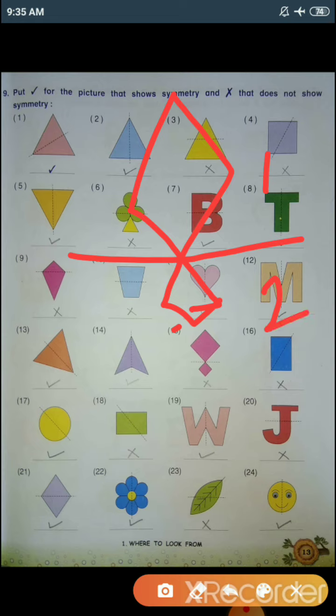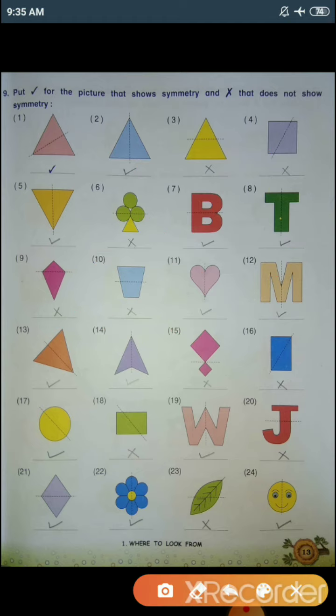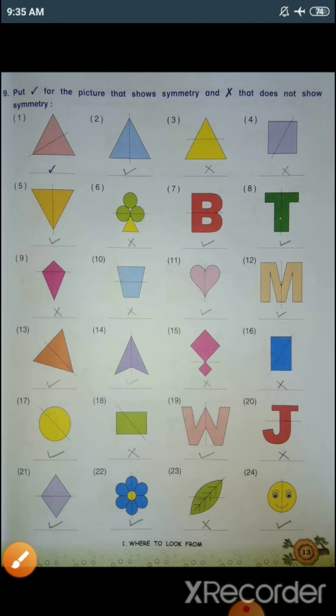You can see that the upper part is much greater than part 2. Okay, so this shape is not in symmetry. So this picture does not show any symmetry. So we'll just put one cross below this shape.